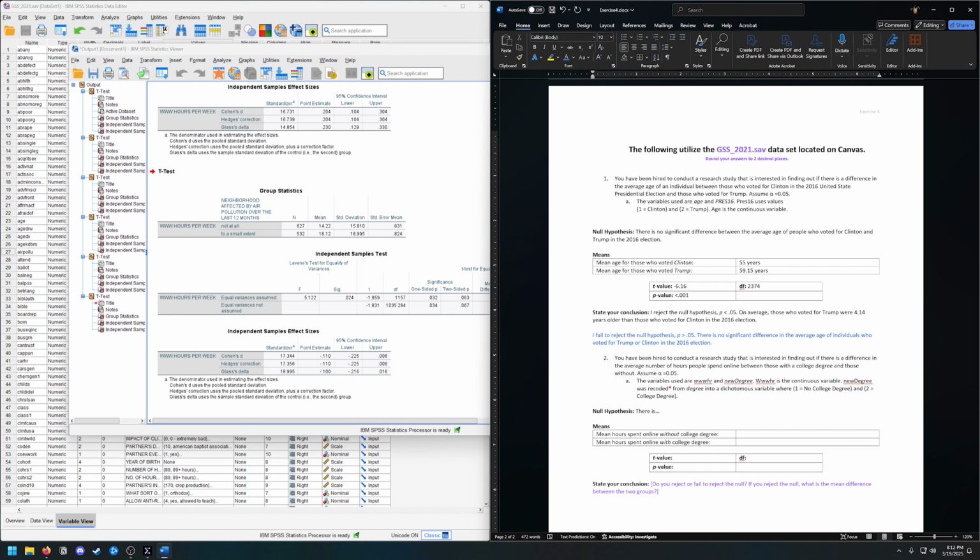There's no significant difference in people who felt that their neighborhood was affected by air pollution in the last year at all, and those who felt that it was slightly affected by air pollution and the amount of time that they spent online. Anyway, something to that effect. And you make the sentence sound good. So that's pretty much what you're doing.